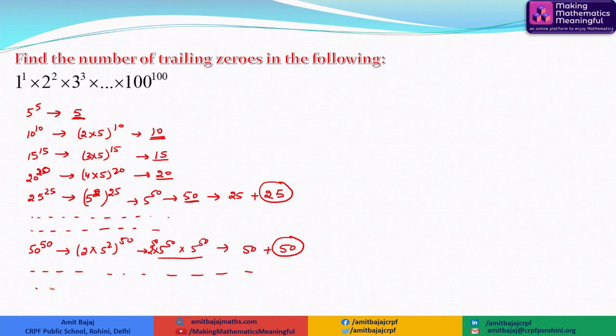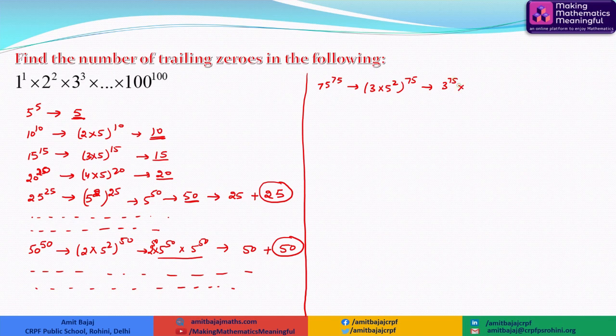Go on with this same procedure, and the next change we will observe with 75 raised to the power 75, which is 3 into 5 square power 75, and which is equal to 3 power 75 into 5 power 75 into 5 power 75, and this gives us 75 plus 75 more number of zeros.